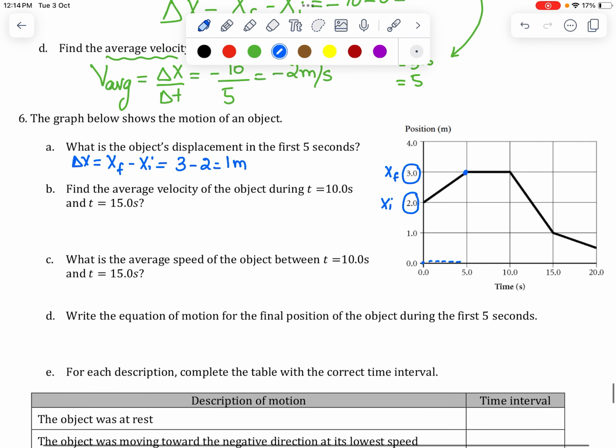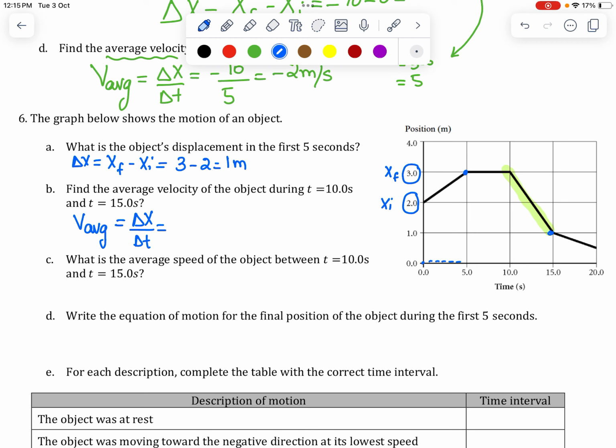Later, find the average velocity of the object between 10 seconds and 15 seconds. I need to find the average velocity, here the slope, during the time 10 to 15. We can also use it as displacement over the time.